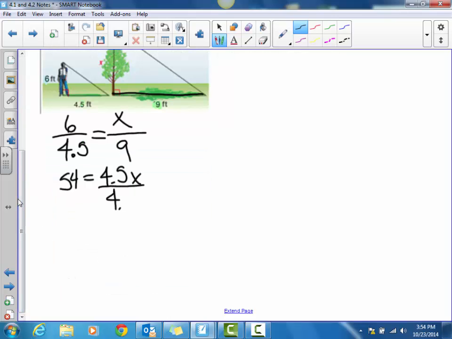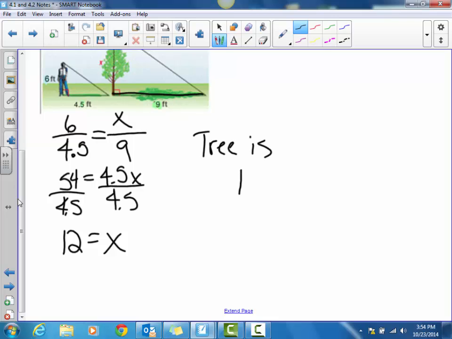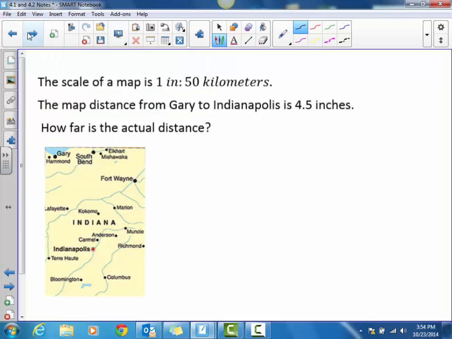When I divide both sides by 4.5, I find that 12 equals the height of the tree. So the tree is 12 feet tall.